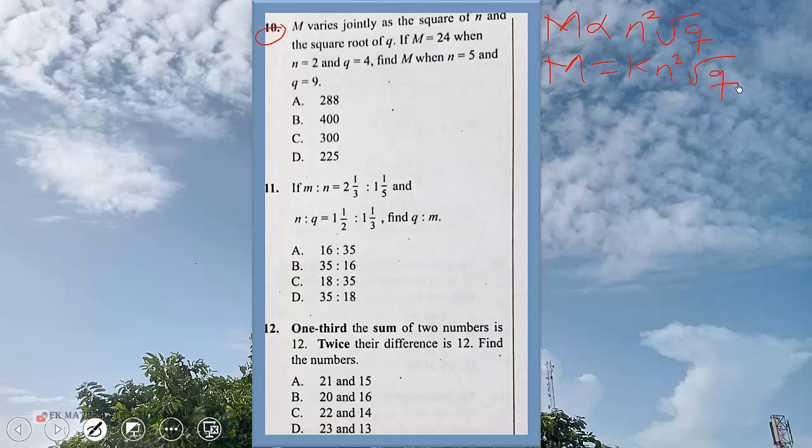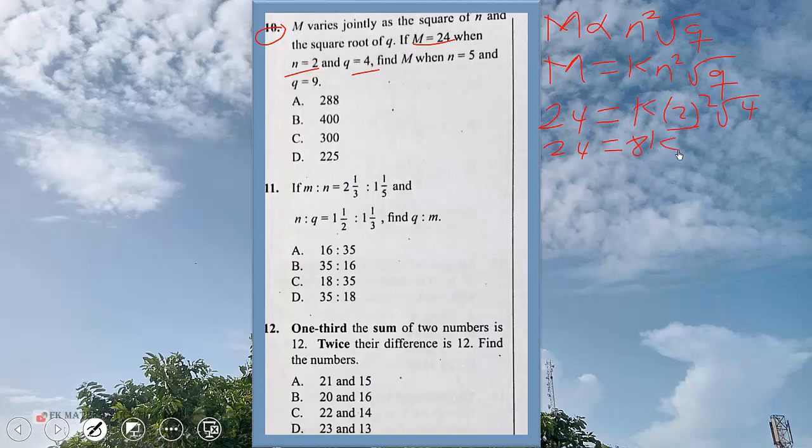So when m is equal to 24, we're told that n is equal to 2, so k times 2 squared. Then we're also told that q is 4, root 4. So 24 will be equal to 2 squared, which is 4, times the square root of 4, which is 2. That will give you 8k.